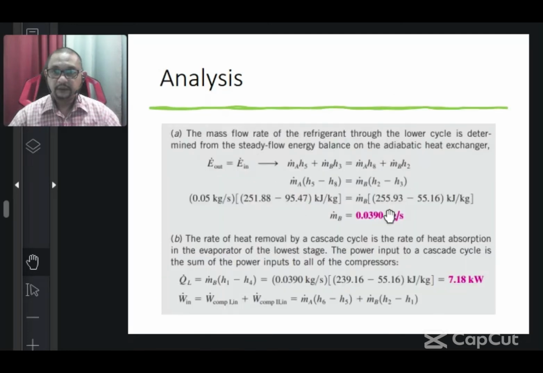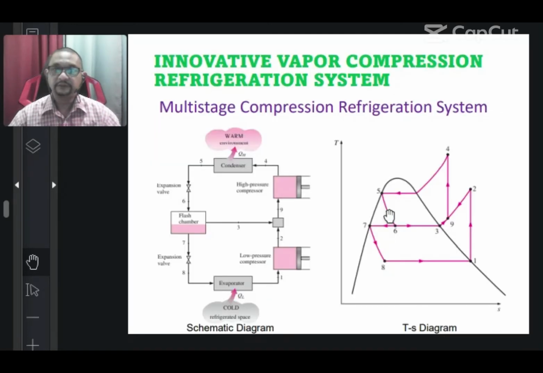Okay, for number 2, another modification that can be done for this vapor compression refrigeration system is by using the multi-stage compression refrigeration system.